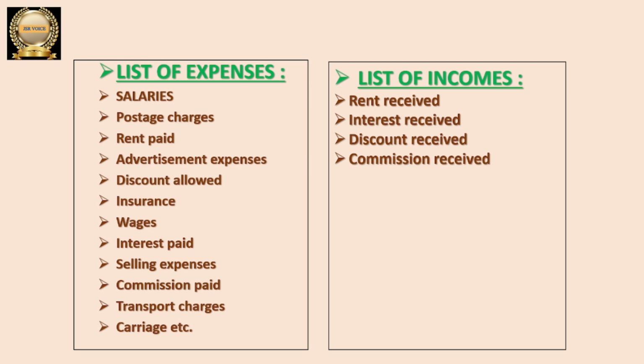I am reading the list of expenses: salaries, postage charges, rent paid, advertisement expenses, discount allowed, insurance, wages, interest paid, selling expenses, commission paid, transport charges, carriage, etc. This is a list of expenses, and if you find these items in the question, you have to debit them, because what is our trial balance rule?